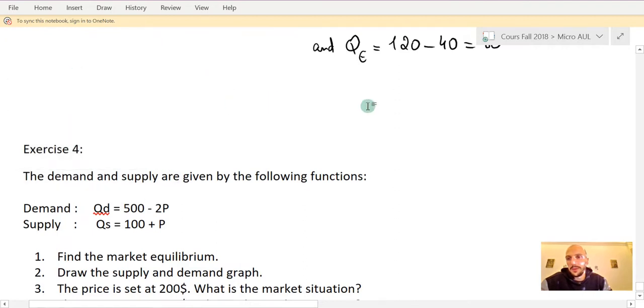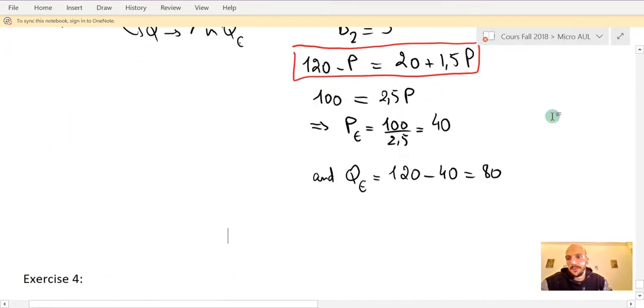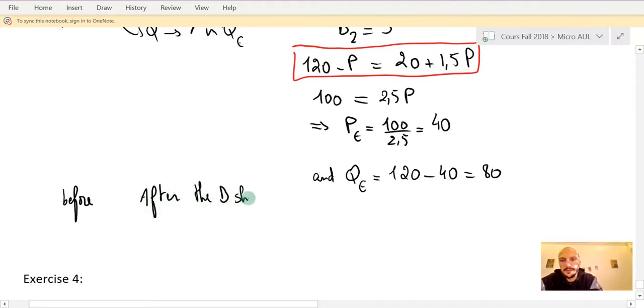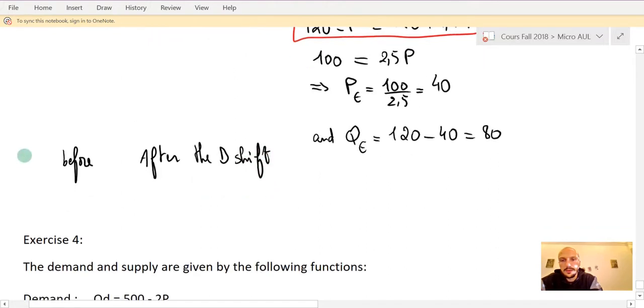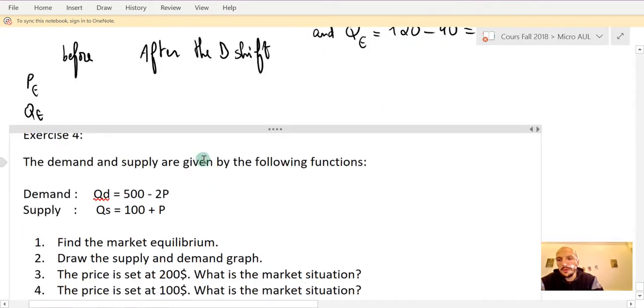Again I will move this exercise. So هنحط هون before and after the demand shift, and we will put the price at equilibrium and the quantity at equilibrium.